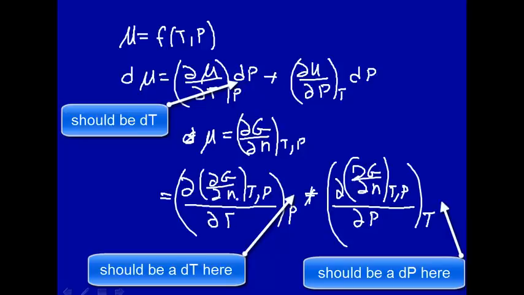But G is a state function, so it doesn't matter whether we take it first with N and then T, or with T and N. And the same way over here.